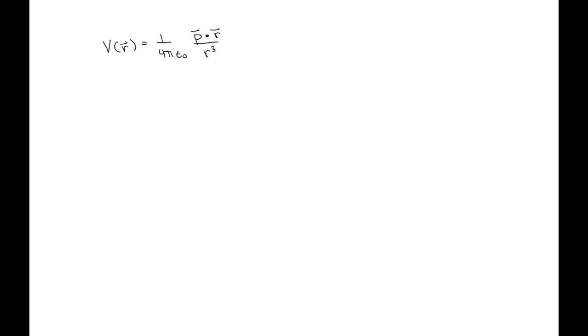I can also write this another way as 1 over 4 pi epsilon naught times p dotted with the r hat vector over r squared. Sorry, that's r squared. I can make that substitution because r hat is equal to the vector r divided by its magnitude.